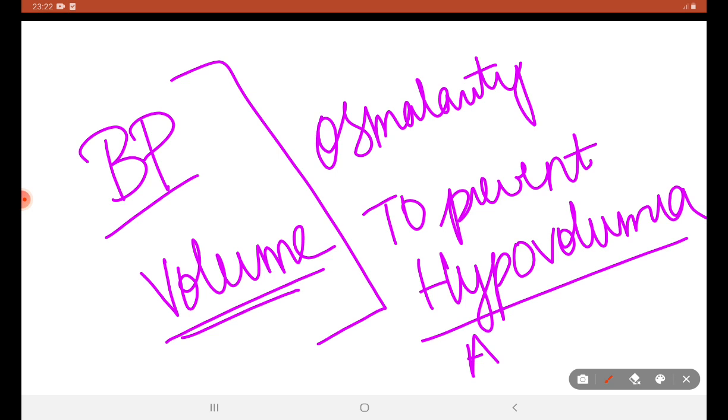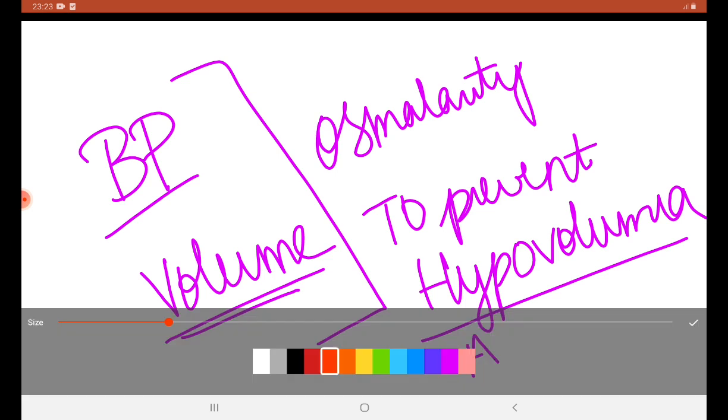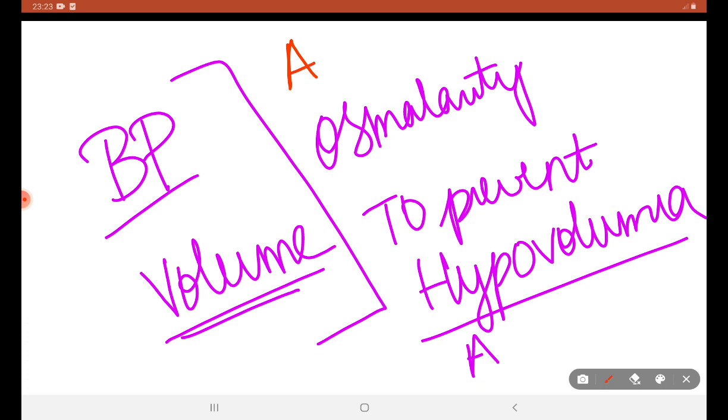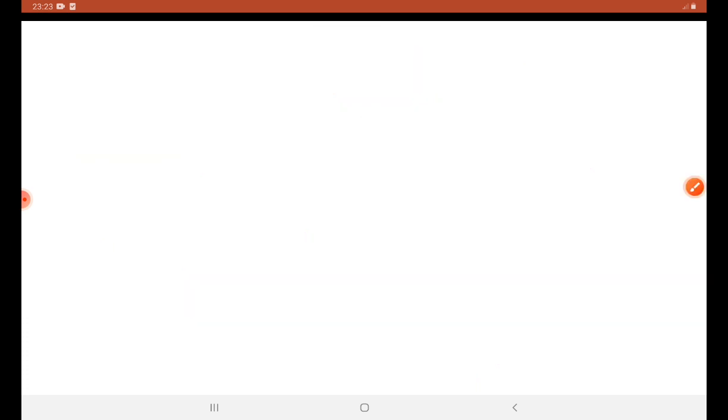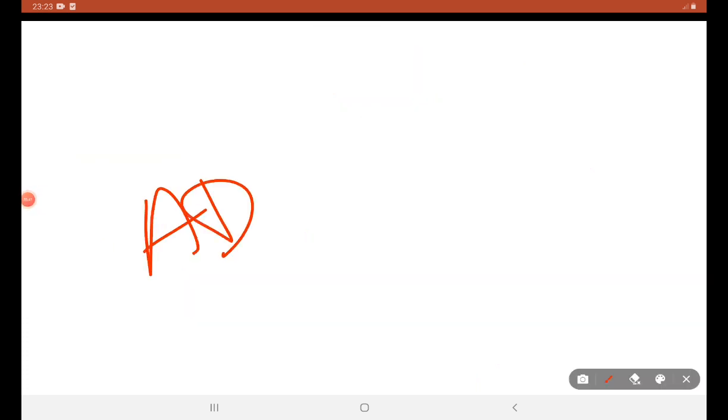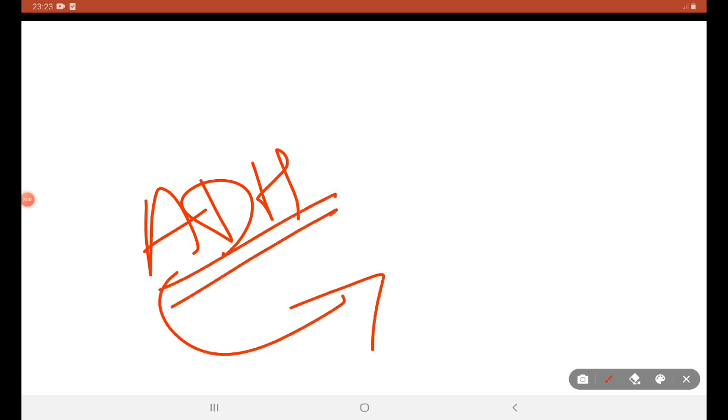ADH in general helps in water retention. It also helps the blood vessels to contract and maintain blood pressure. Blood pressure will fall down when there is a hemorrhage and a heavy loss of blood. So ADH has a major role in it. This is the concept. ADH, it is vasopressin, has a role during hemorrhage.